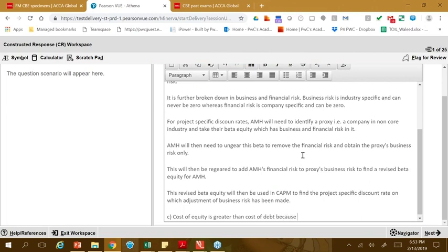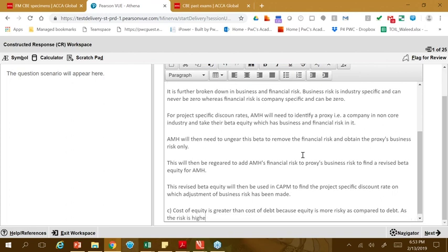because equity is more risky as compared to debt. As the risk is higher, that means the equity providers are looking for higher return.